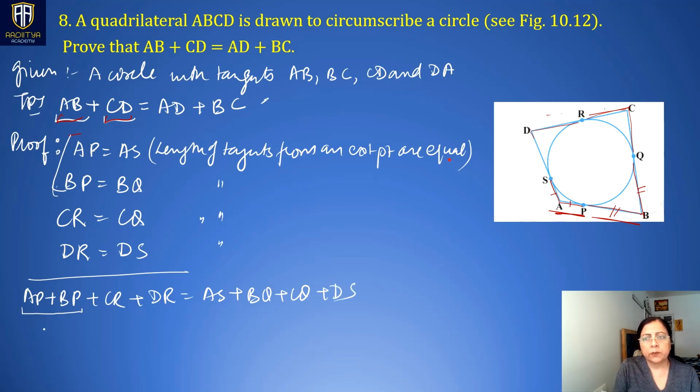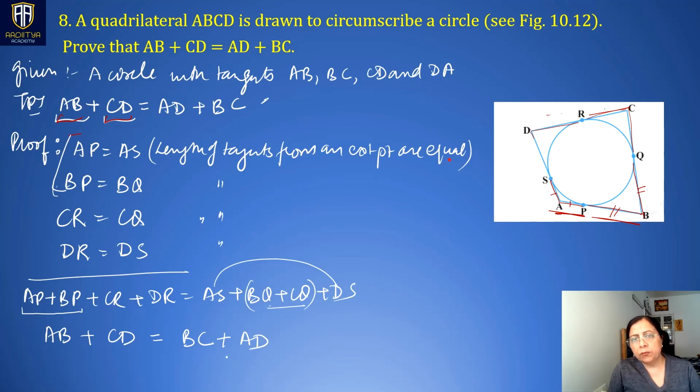AP plus BP gives you AB. CR plus DR gives you CD. If you add these two, BQ plus CQ is BC. And then you add AS and DS. AS and DS add up to AD.